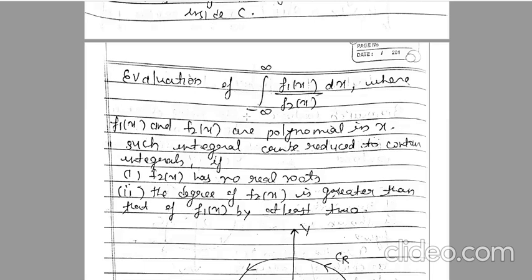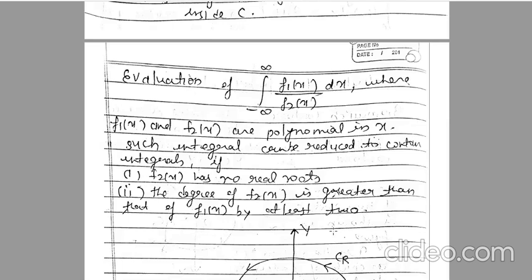Such an integral can be reduced to a contour integral if f2(x) has no real roots. This f2(x) is the denominator; when we put the denominator equal to 0, we get the poles, the singular points. So f2(x) has no real roots, and the degree of f2(x) is greater than that of f1(x) by at least 2.